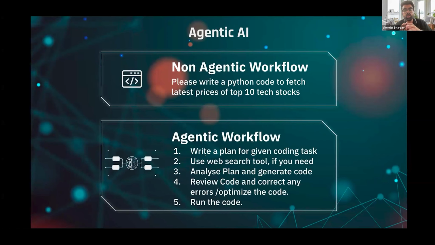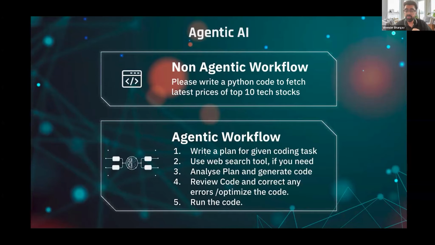In an agentic workflow, you give the AI a comprehensive task list, right? The AI will first come up with an execution plan, and maybe you'll tell it, "Hey, if needed, please use this web research tool, or maybe the RAG tool to fetch external resources." And the generated code will subsequently be passed to, let's say, a critic agent for analysis, error correction, and optimization. And this iterative loop of cognition, tool use, and revision, though it might be more latent, significantly enhances the quality of the final output that is generated.